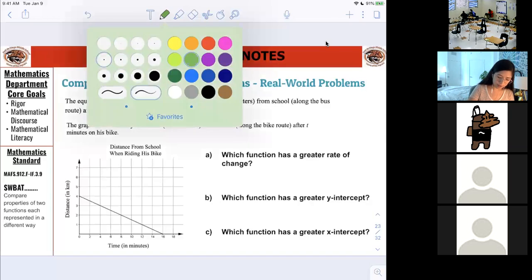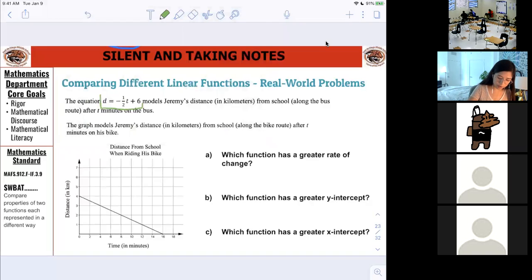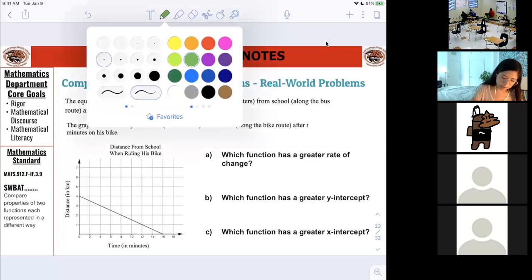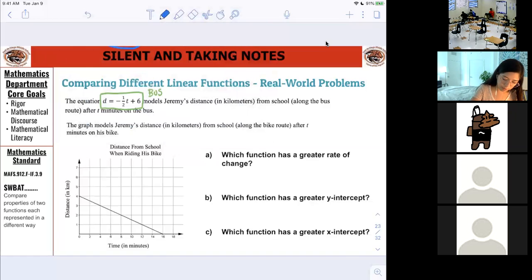So this equation is for the bus. The graph models Jeremy's distance in kilometers from the school along the bike route after t minutes on his bike. So the graph represents his distance on the bike. Okay, so we're looking at two different situations. In one situation he's on the bus.